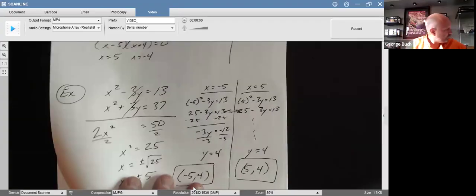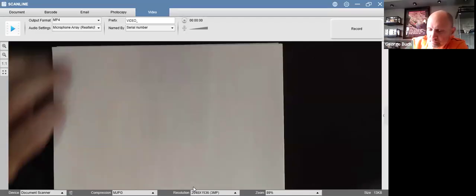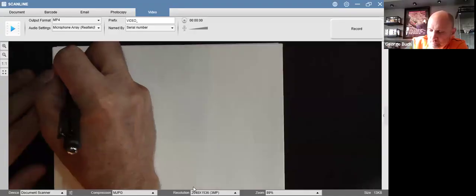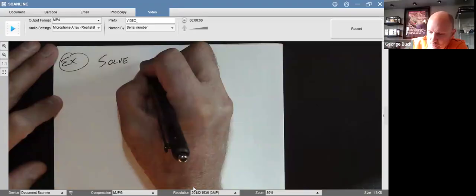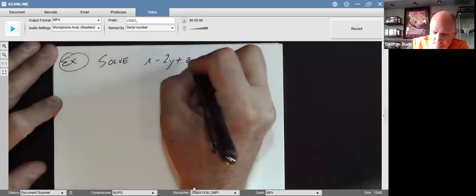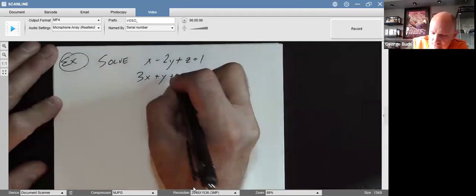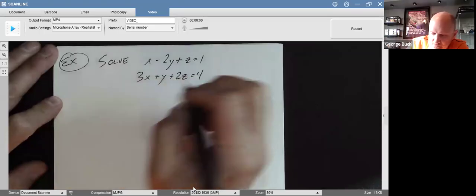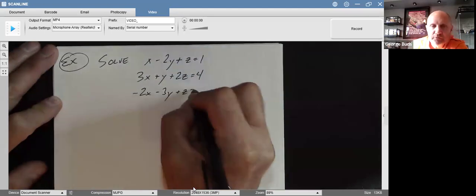All right, so that was our systems of equations for linear system and system of nonlinear equations. Now comes the big one, right? Our system of multiple variables. So we want to solve x minus 2y plus z is 1, 3x plus y plus 2z is 4, and negative 2x minus 3y plus z is negative 5.